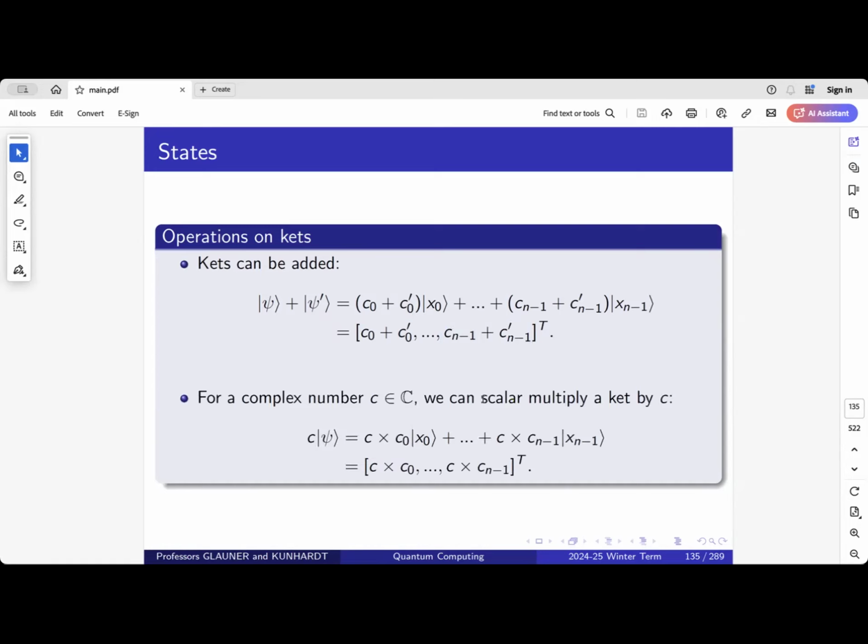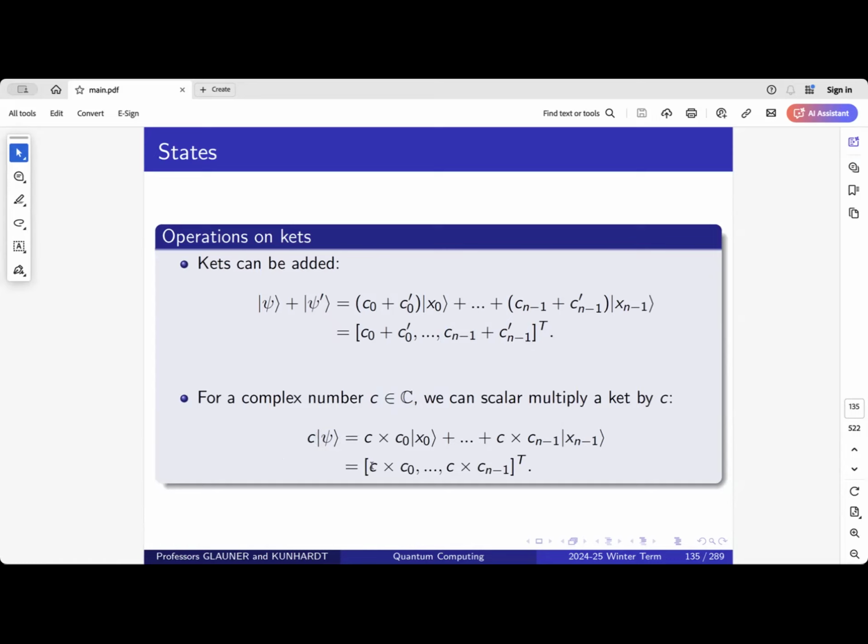As you can use vectors and you can multiply them with a scalar value, so a scalar value can also be a complex number. You can do the same with our cat notation. You have psi cat to denote a quantum state, and you multiply it with a complex value.